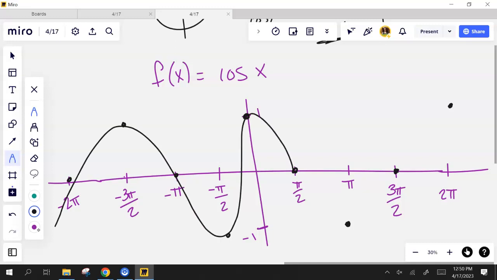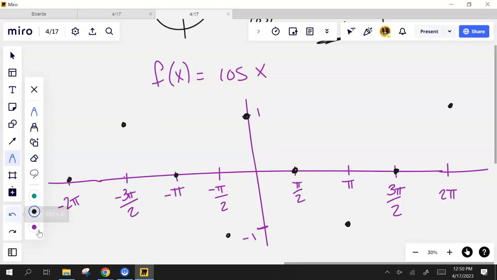Ooh, that was kind of close together. Go to pi over 2 on your graph. Where's pi over 2? At the top. What's the x coordinate at pi over 2? 0.